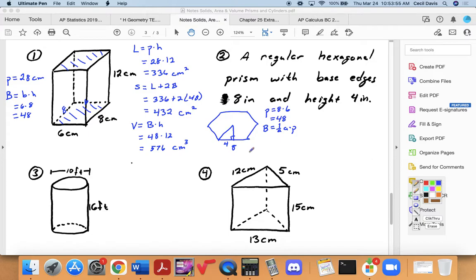The whole central angle would be 360 divided by 6 is 60. So this is 30 degrees. It's a 30, 60, 90 triangle. How nice is that? So the apothem will be 4 times the square root of 3. So that's half of 4 square roots of 3 times 48 is 96 square roots of 3.